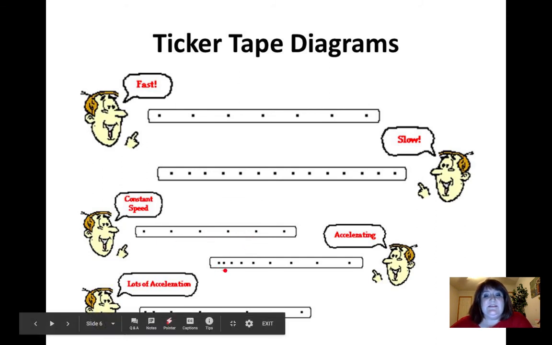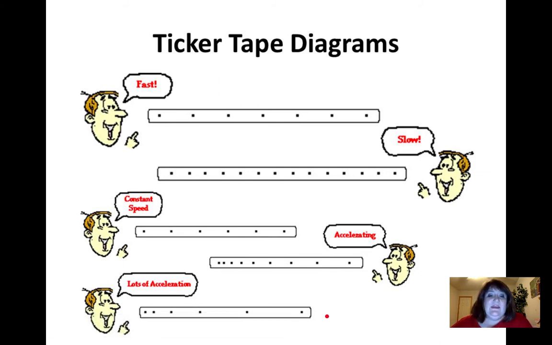But this one's accelerating. Notice how the dots get further apart? And this one down here at the very bottom is really accelerating because the dots get way further apart. So what happens if the dots get closer together? Is that still acceleration?